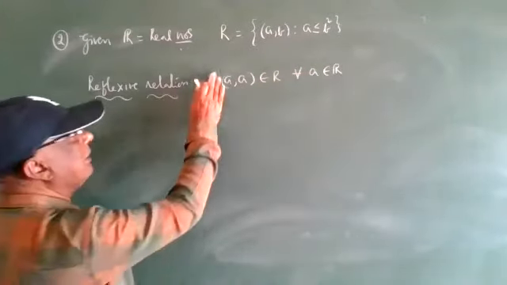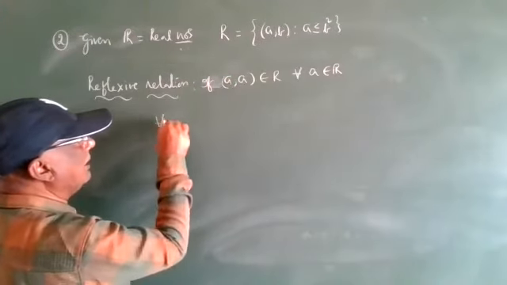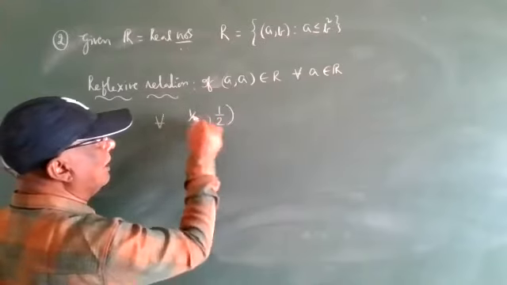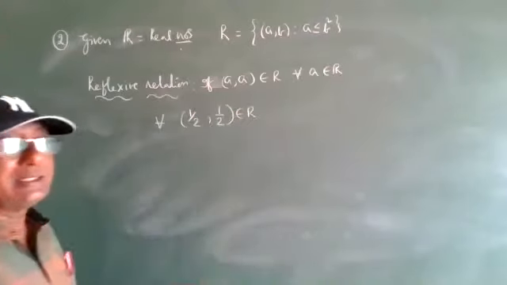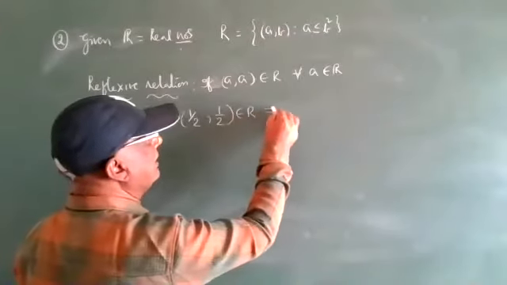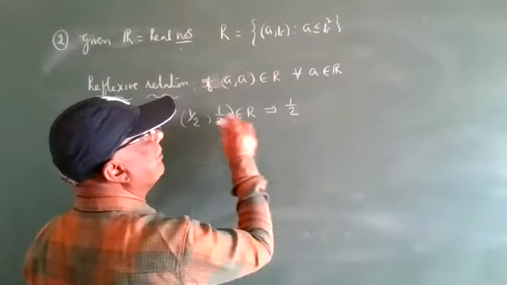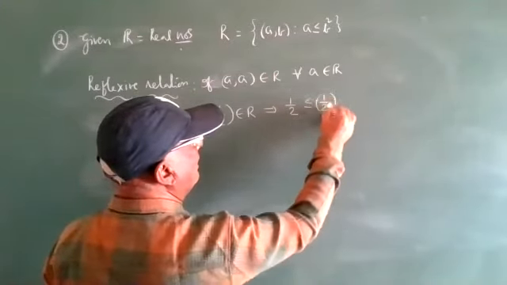I will take 1 by 2 comma 1 by 2, which does not belong to R. According to the definition, what is the A? 1 by 2. This is the B, less than or equal to 1 by 2 square.